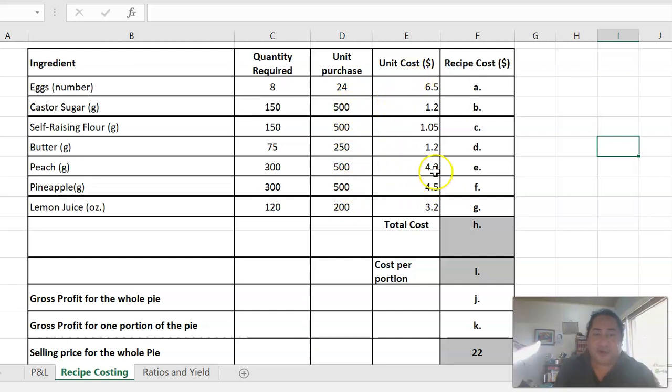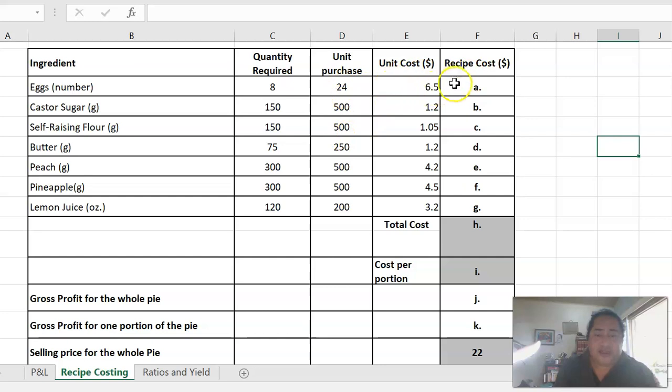And the cost per unit. What's the cost? So that's $1.20, $1.05, $4.20 for that 500 grams, and $6.50 for the 24 eggs, but you want only 8 eggs, so you have to calculate the cost of the 8 eggs. That's the unit cost per unit.